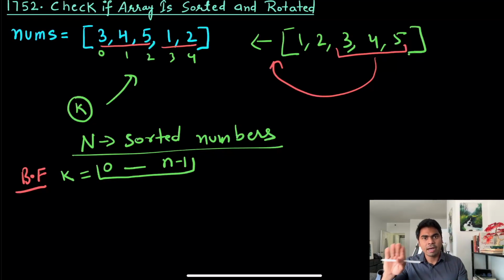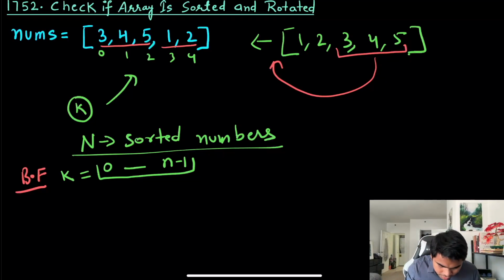And by the way, we will mod the length with this k value, such that we start at all the positions. For k we will start at all the positions, but the i, that value that I'm trying to find, we will rotate.